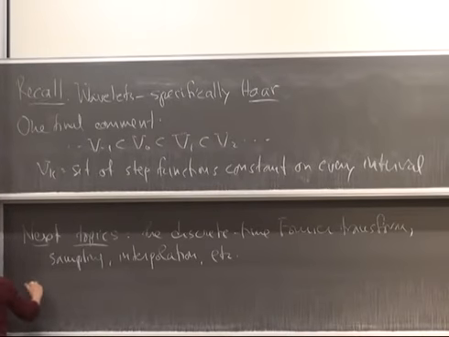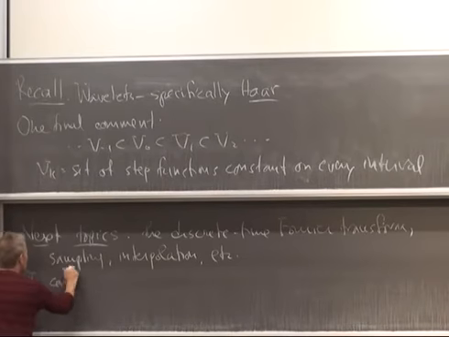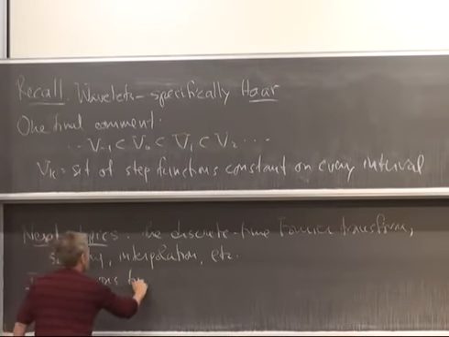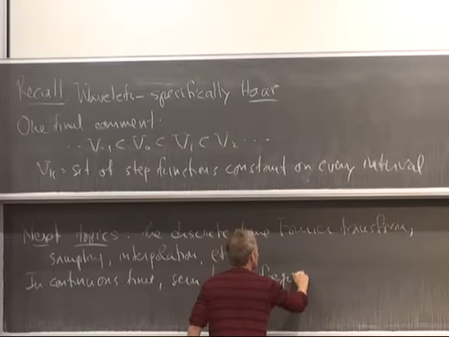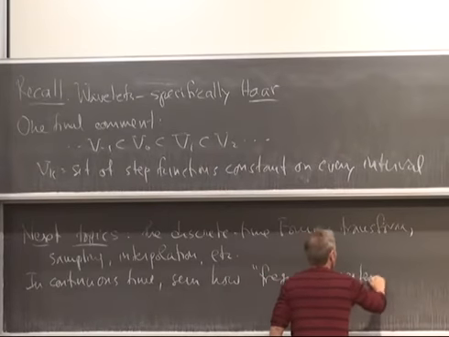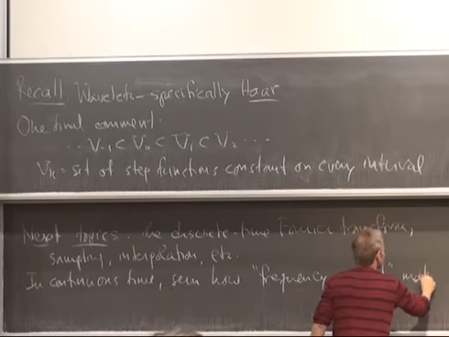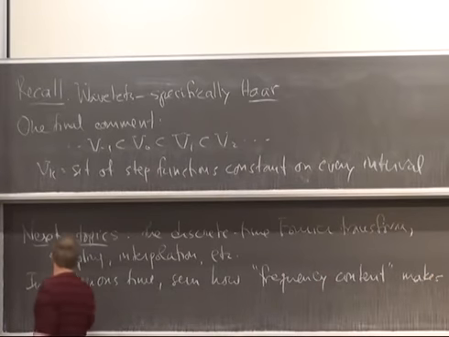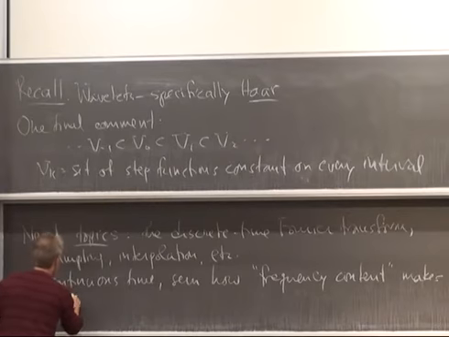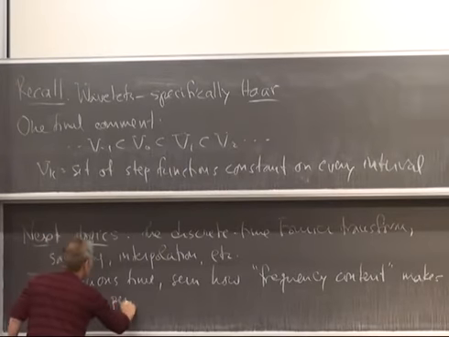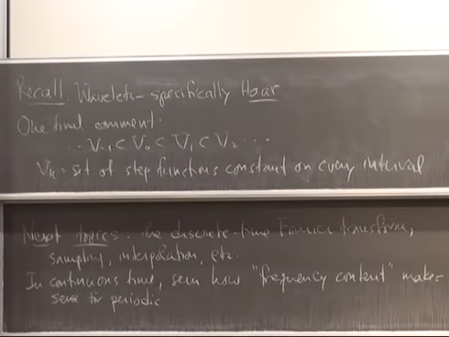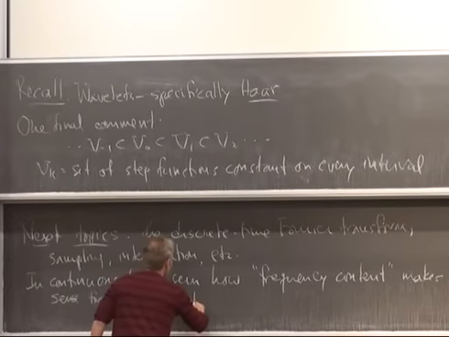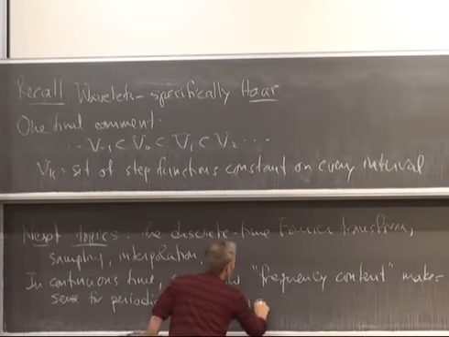And so the background here is that in continuous time, we've seen how, quote unquote, frequency content makes sense as a concept for either periodic signals, which is the natural setting, but also for arbitrary signals, the ones that have continuous time Fourier transforms, like the finite duration A440. So periodic and other signals.